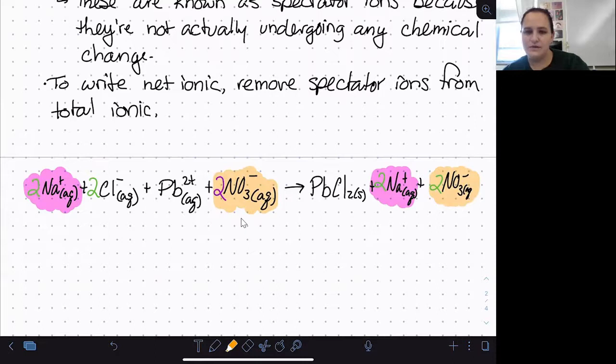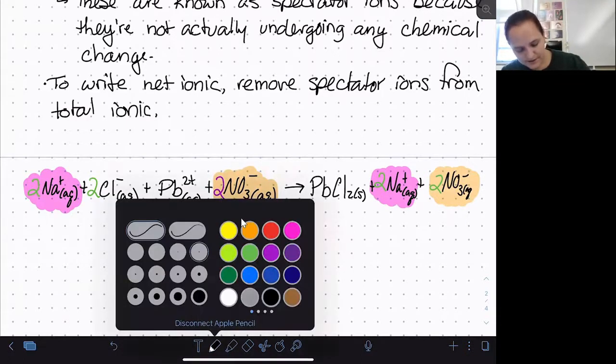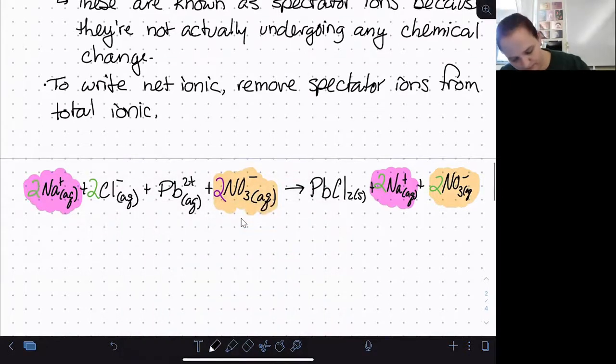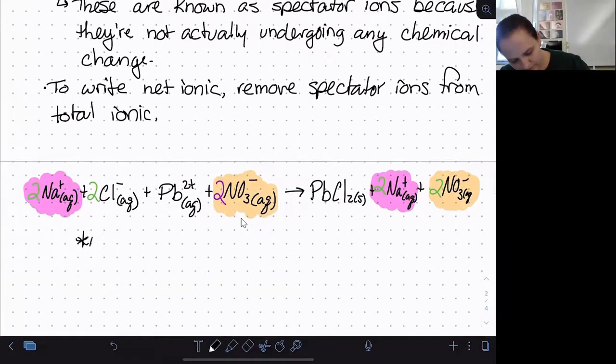So those things were sitting there in aqueous solution before the reaction, and they were sitting there in aqueous solution after the reaction. They didn't undergo any change. So sodium and nitrate are our spectator ions. So Na plus and NO3 minus are our spectators.